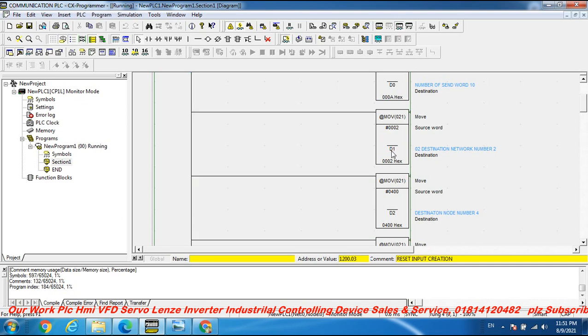D1 is the source word and destination D2, 0002 hex, the destination network number 2.